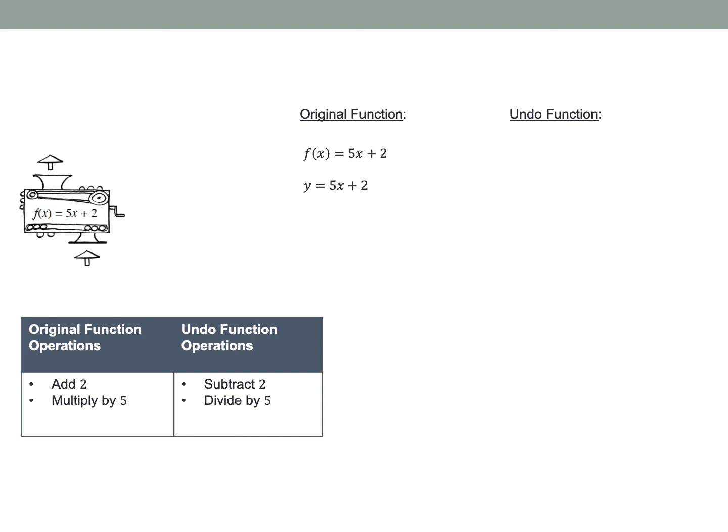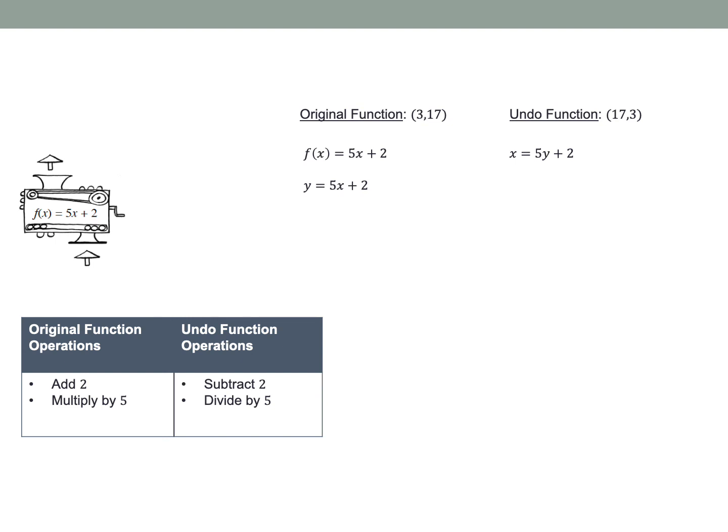The undo function must have the point (17, 3). If it went this direction, it was (3, 17). If it went the other direction, it's (17, 3). So let's switch x and y of our original function. It becomes x equals 5y plus 2, and then we'll solve for y.